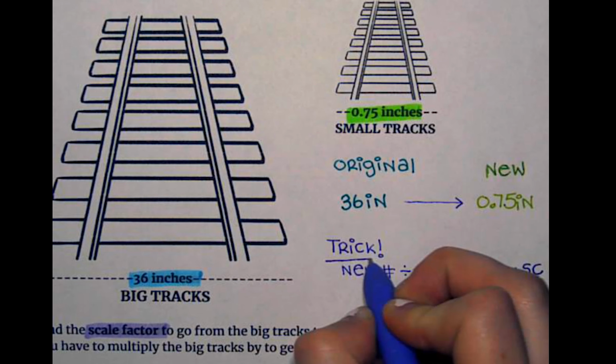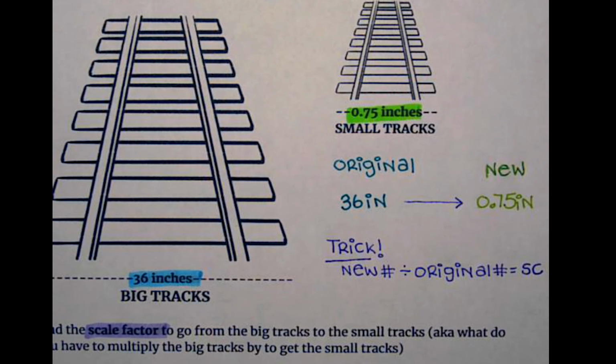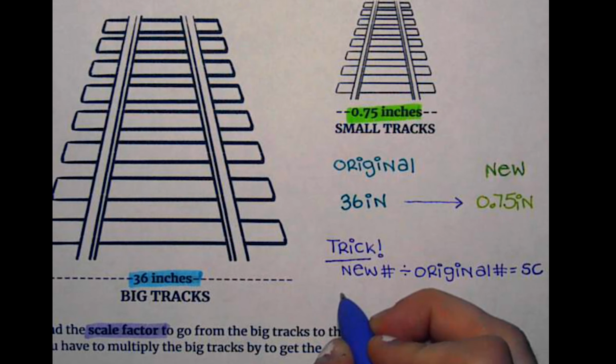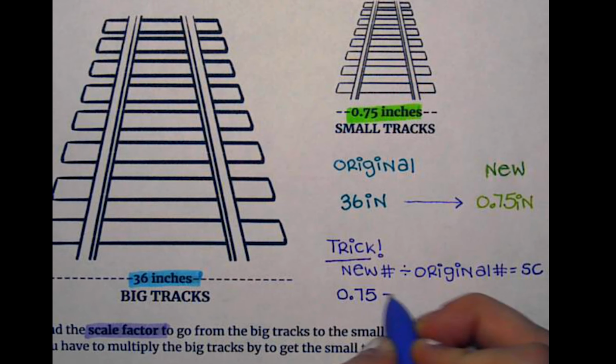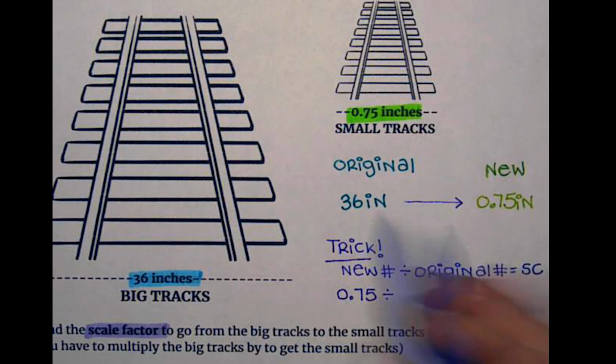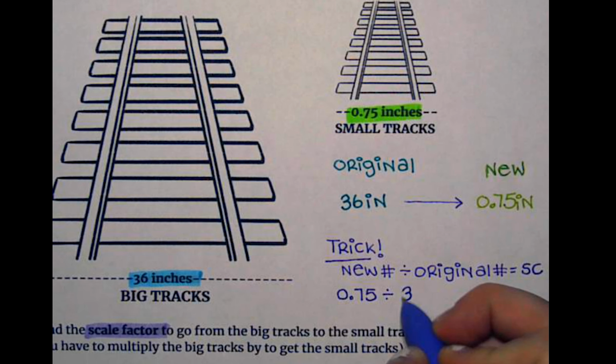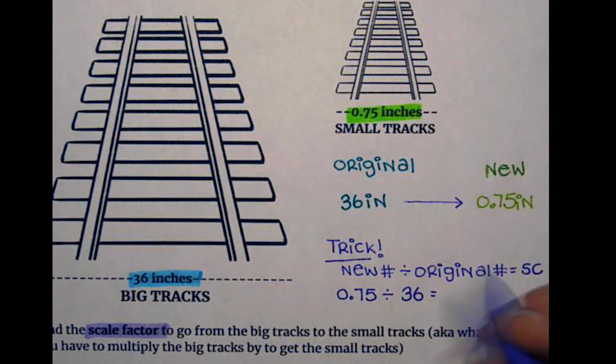So if we use the numbers that we have in front of us today, that would equate to 0.75 divided by our original number, 36. And that number equals 0.0208. And it keeps going, but I'm going to cut it off right there.